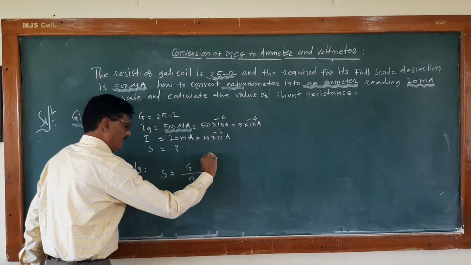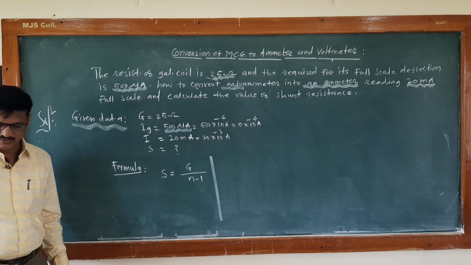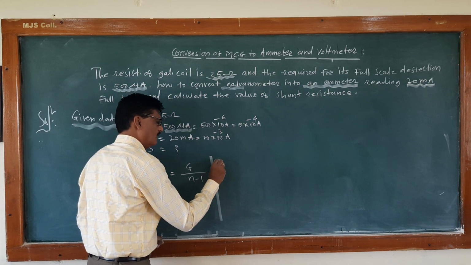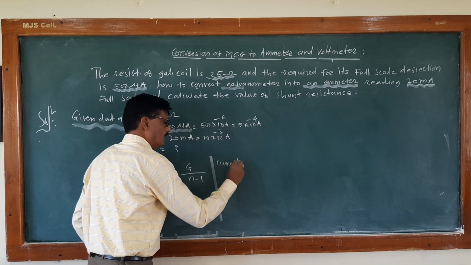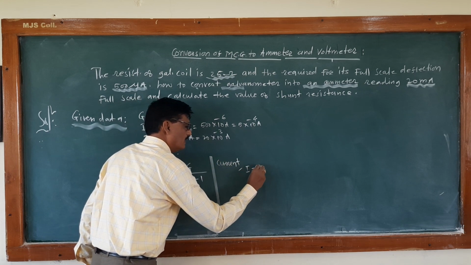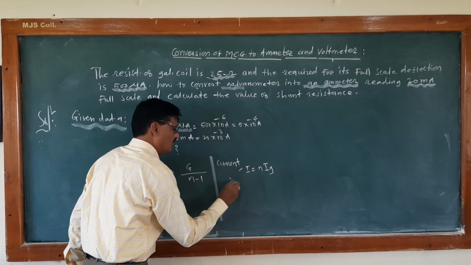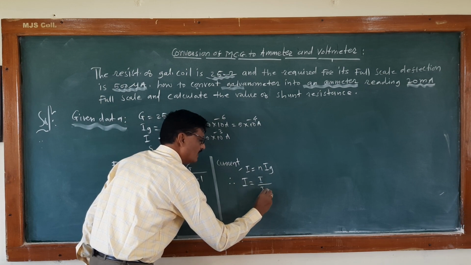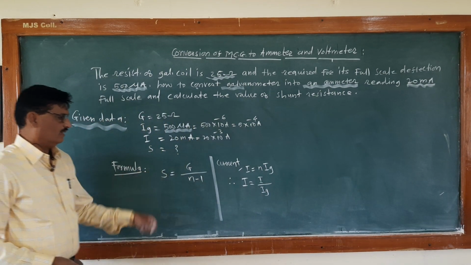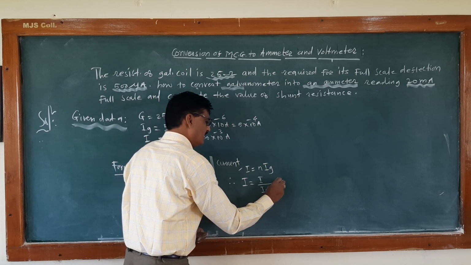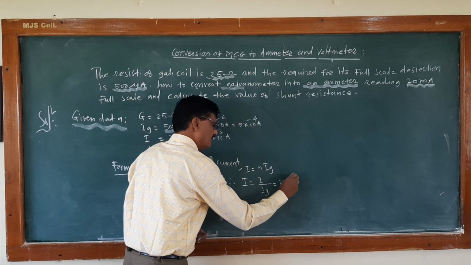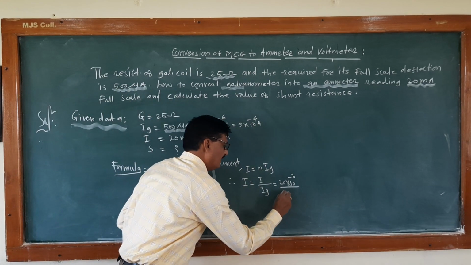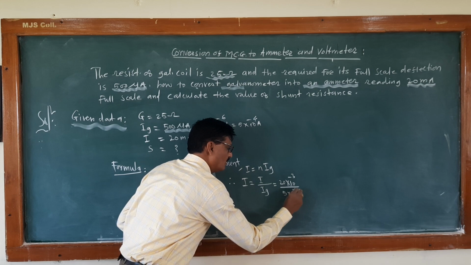We know that S is equal to G upon n minus 1, but we know that I is equal to n times Ig, and therefore first of all find out the value of n. This is equal to I upon Ig, I divided by Ig. The value of I is 20 multiplied by 10 raised to minus 3, divided by Ig, that is 5 multiplied by 10 raised to minus 4.